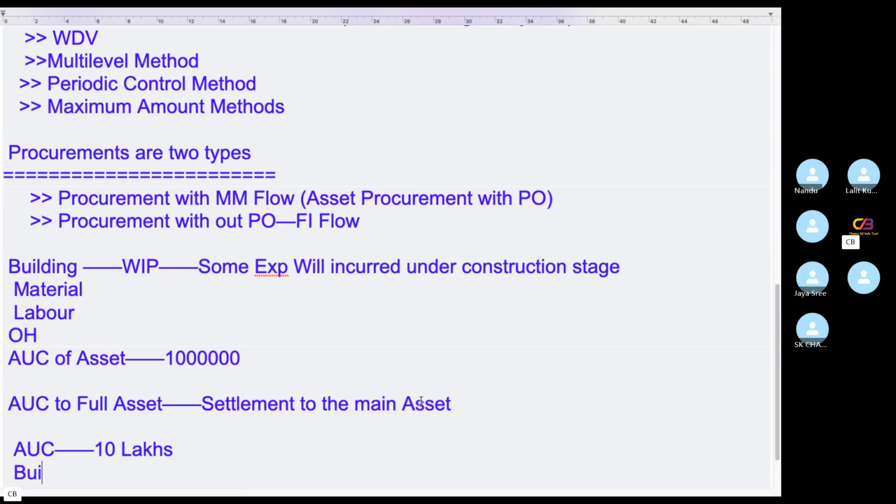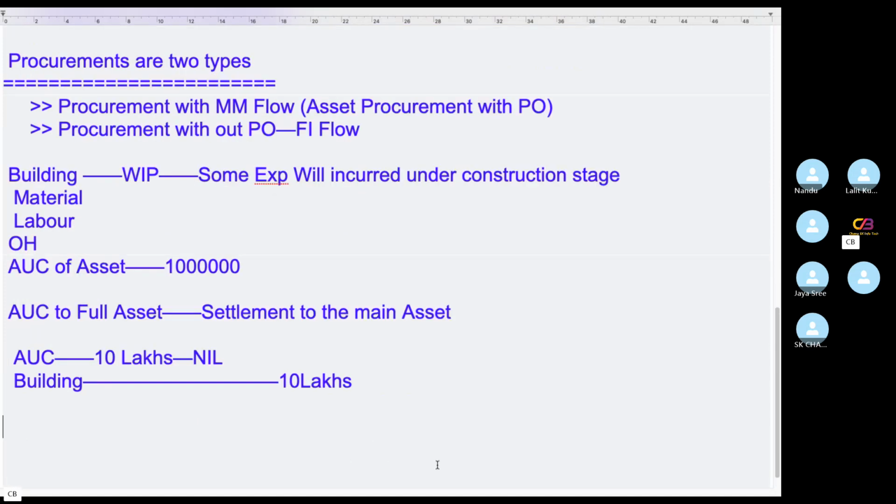Once the asset is finalized, this AUC amount will be transferred to the building, the building amount is 10 lakhs, and AUC should be nil. This is called settlement. Generally, asset under construction settlement will happen through internal orders, and if it's a project related asset, then WBS.